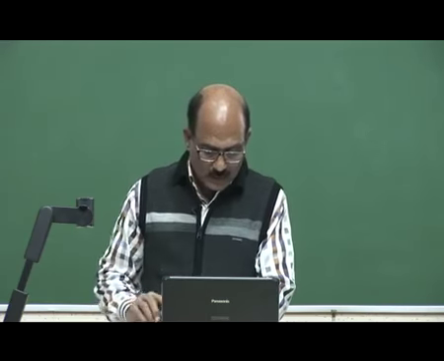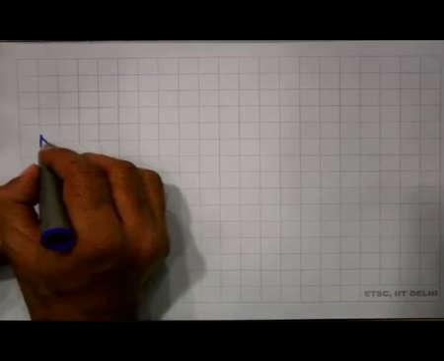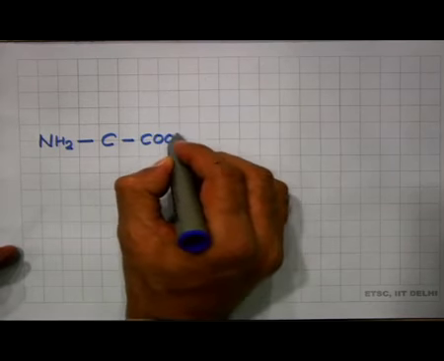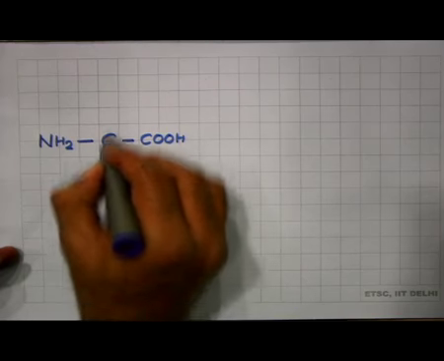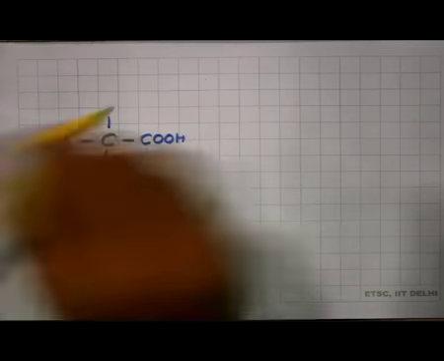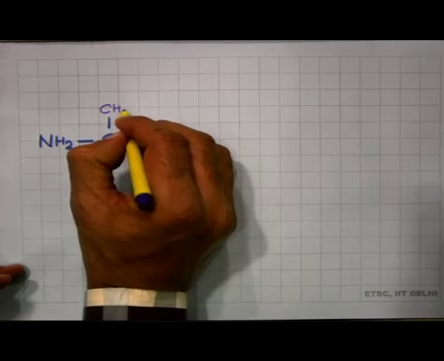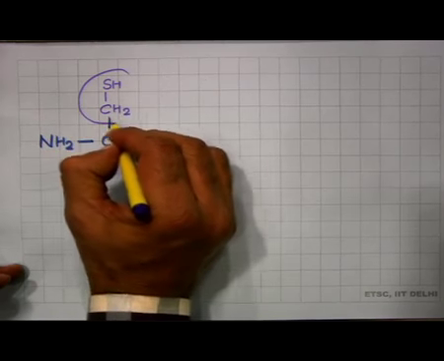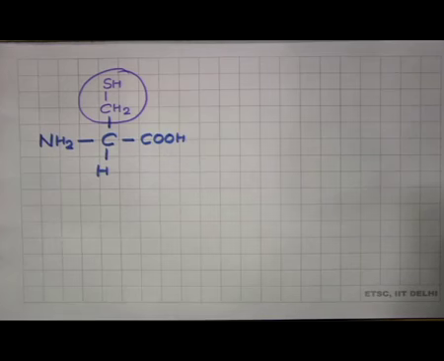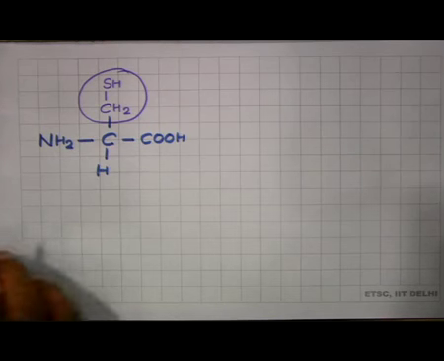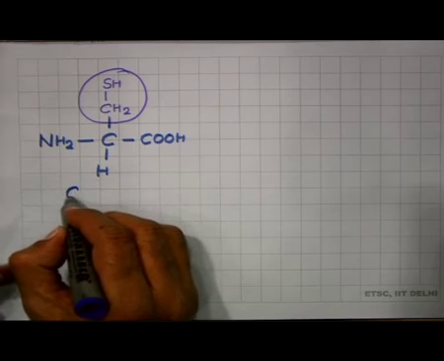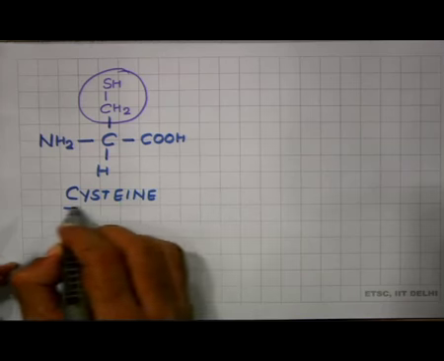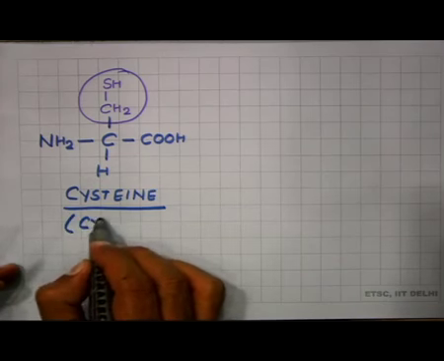When you write the structure, same NH2, here carbon, here COOH group is there, now here is H. Now, R1 changes into CH2, here is sulfur. If R1 is substituted by CH2SH, then the structure of amino acid is called cysteine, and its abbreviation is CYS.